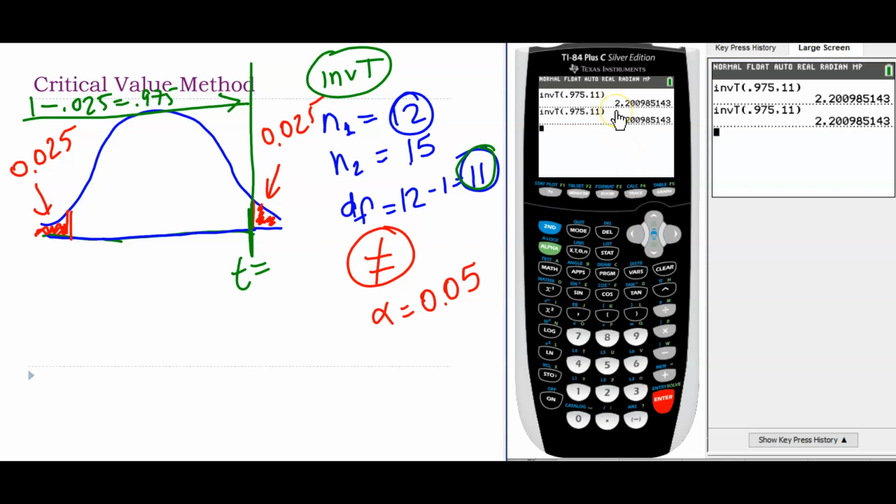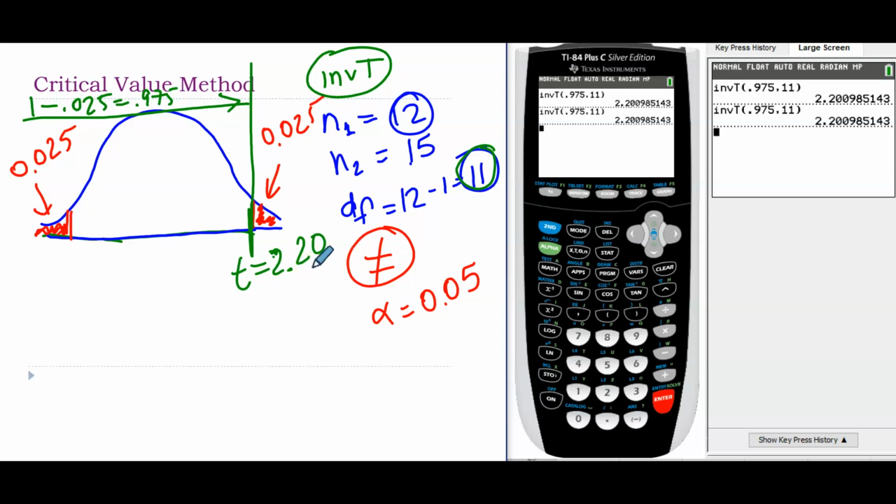Our critical value t is 2.20. So let's write it down, 2.20, rounded to 2 decimals. If we use table A3, it might be slightly different here.